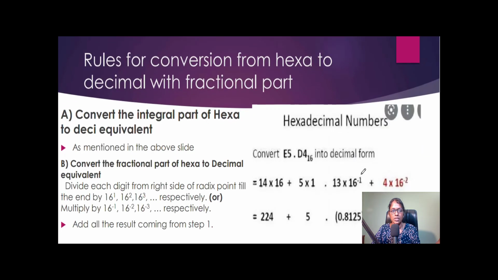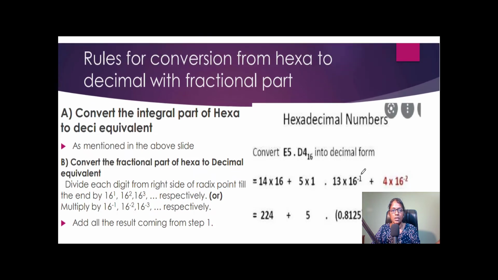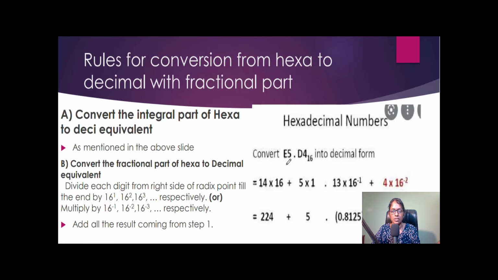In the same way, the rules for conversion from hexa to decimal with a fractional part. How to convert a hexa number with a fractional part? This is the hexa number they have given. Previously we have seen that you just multiply each digit by the power of its base value, right? After the decimal, what do we have to do?